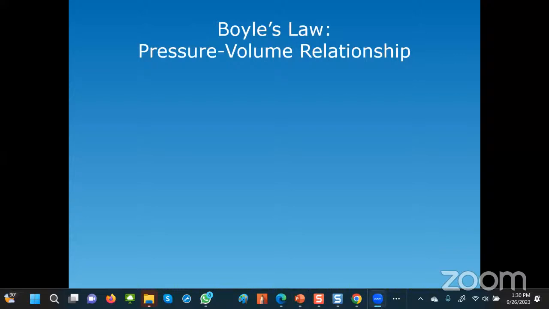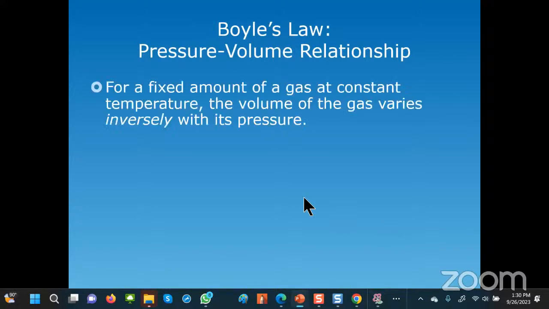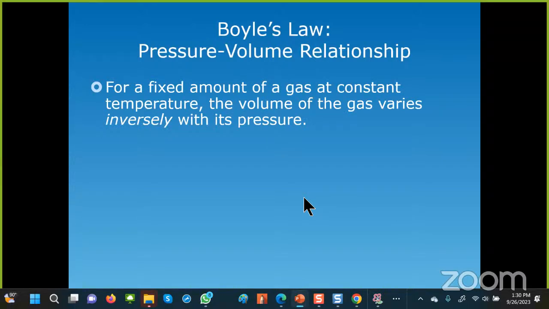As far as Boyle's law is concerned, it can be expressed in words, but it can also be expressed mathematically. One way of expressing it in words is that for a fixed amount of gas at a constant temperature, the volume of the gas varies inversely with its pressure. So basically, if the temperature is fixed and the amount of gas is constant, then the relationship between the pressure and the volume is an inverse proportional relationship.